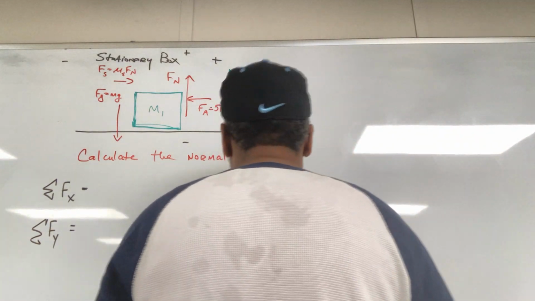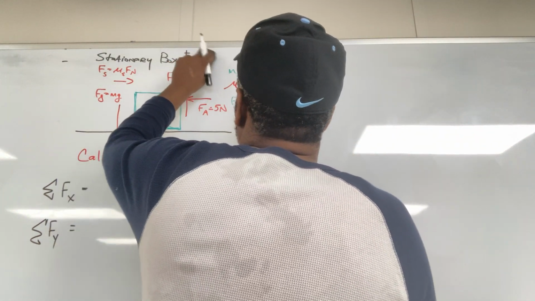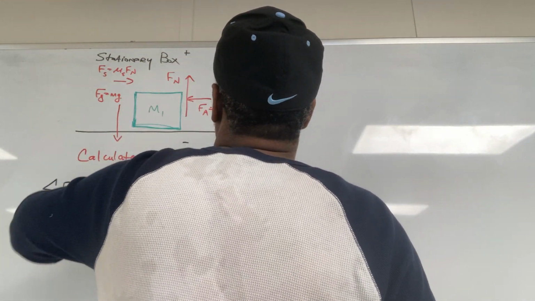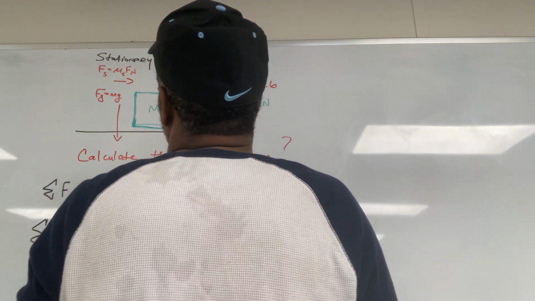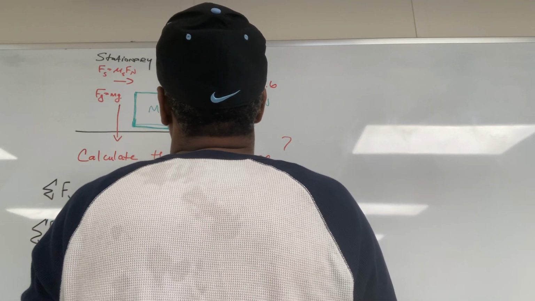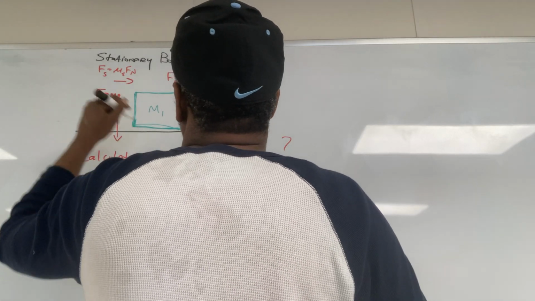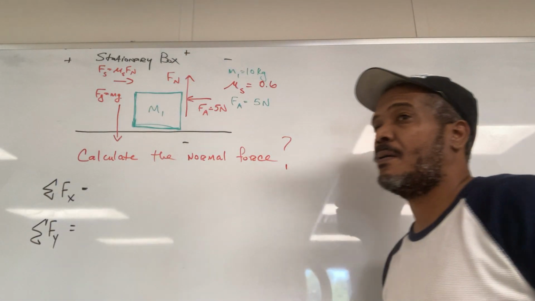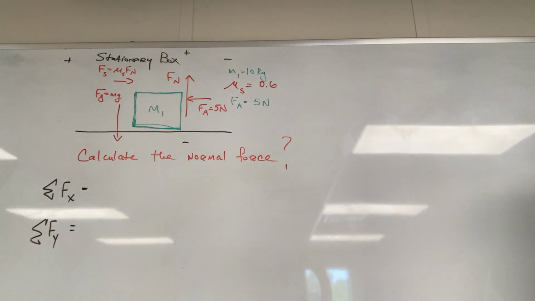Well, actually, okay. Actually, let's do this. It should be the other way around, right? I did that wrong. All right. So it should be, this is positive, and this is negative. Sorry. Okay. Or we would have had to put the applied force on the other side.